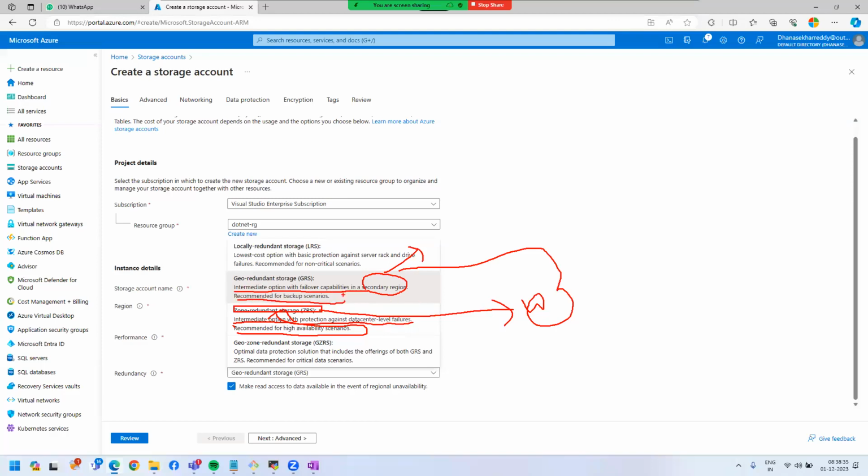This is recommended for backup kind of scenarios. Geo zone redundant means optimal data protection solution that includes both GRS and ZRS. Recommended for critical data scenarios.